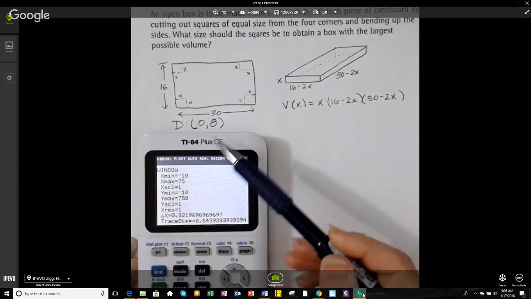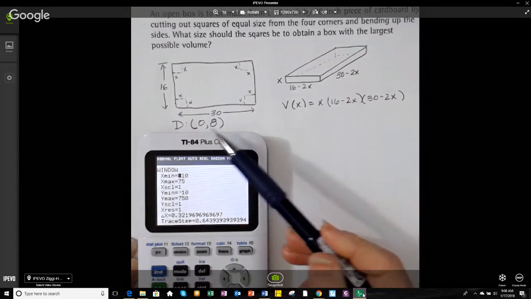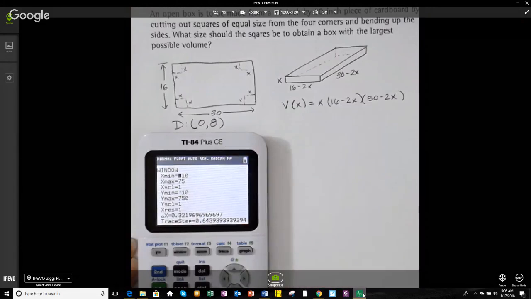The X max I know is going to have to be between 0 and 8, we hope. So I'm going to reduce this a little bit and say, let's try 20 because I want to include this in here too. All right, so let's graph it and see if we got the maximum in there anywhere.